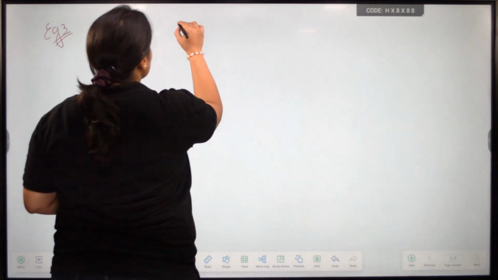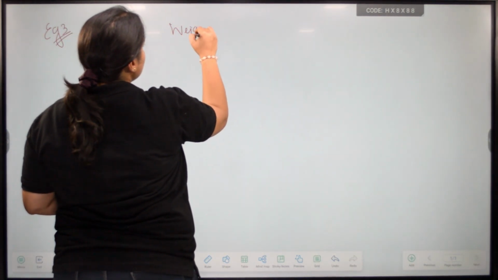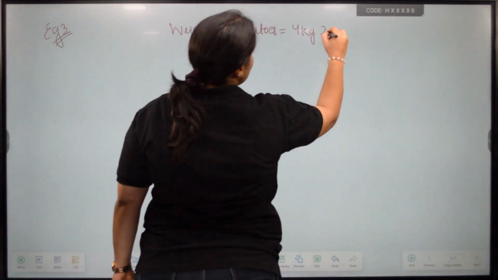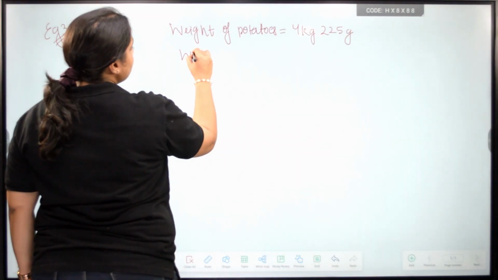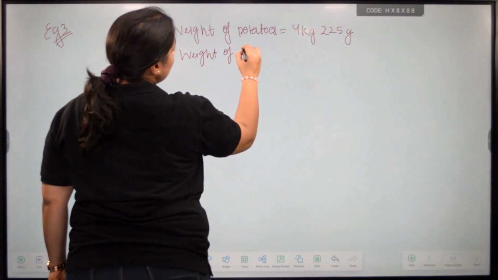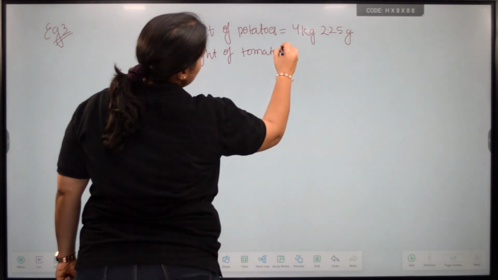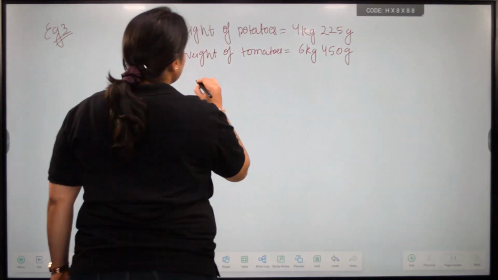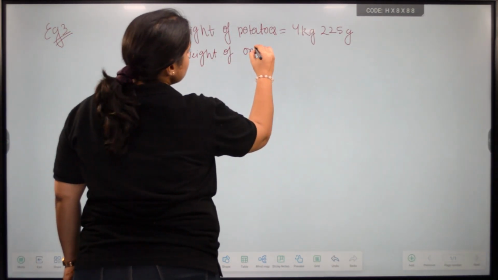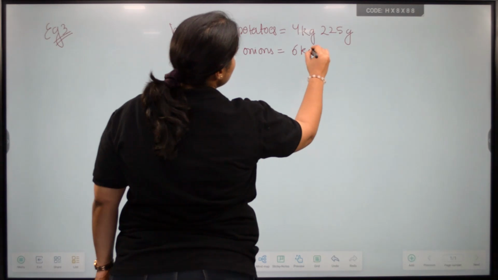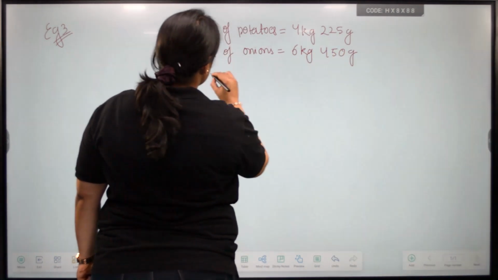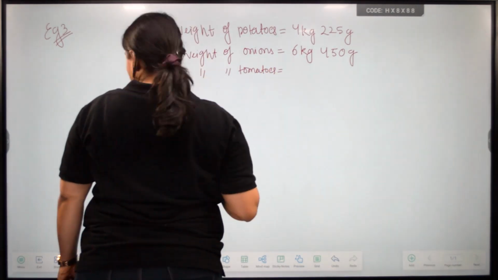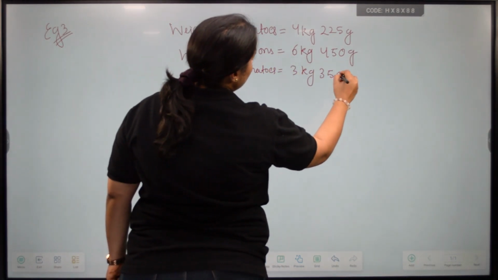Weight of potato is 4 kg 225 grams, weight of onions is 6 kg 450 grams, and the weight of tomatoes is 3 kg 350 grams.